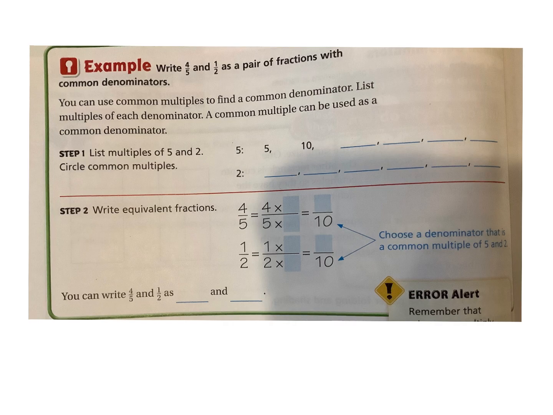So for 5, for this denominator, we're going to count by 5. 5, 10, 15, 20, 25, 30. And then we will count by 2 for this denominator. So 2, 4, 6, 8, 10, 12.